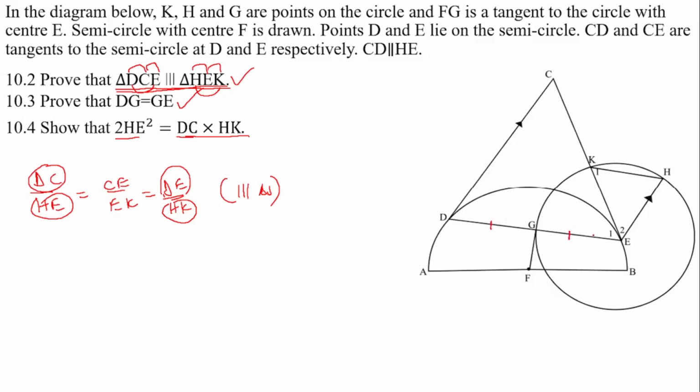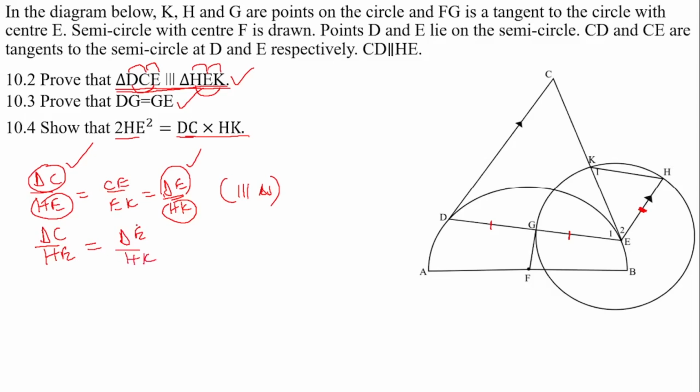And then GE is the radius here. We can bring this HE into the equation, isn't it? Because HE is the radius, GE is also the radius. So we can bring this HE. Okay, so let's use these two, right? So we're saying DC over HE is equal to DE over HK.